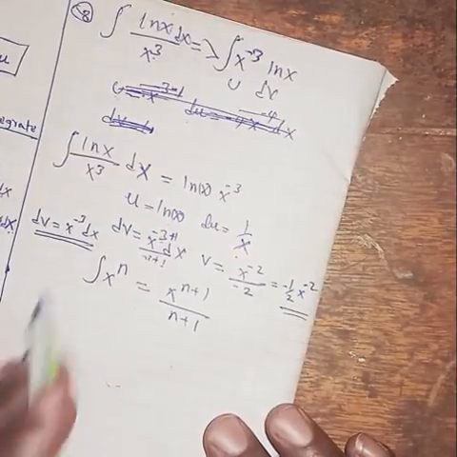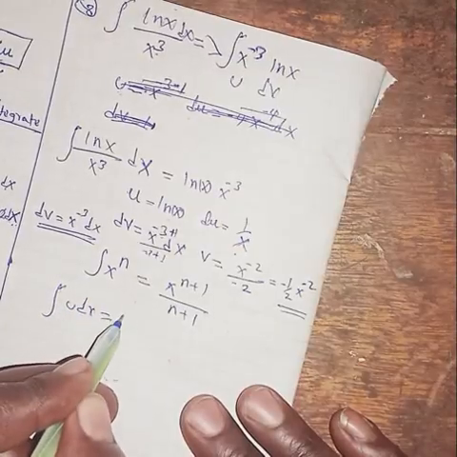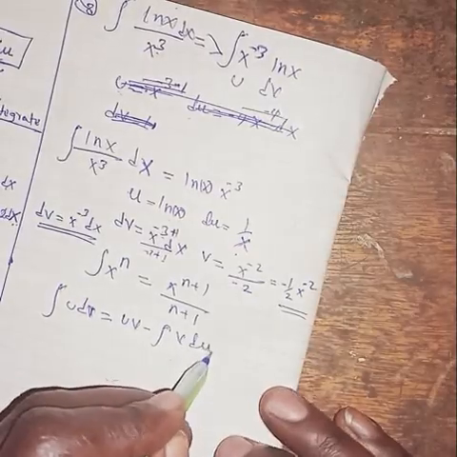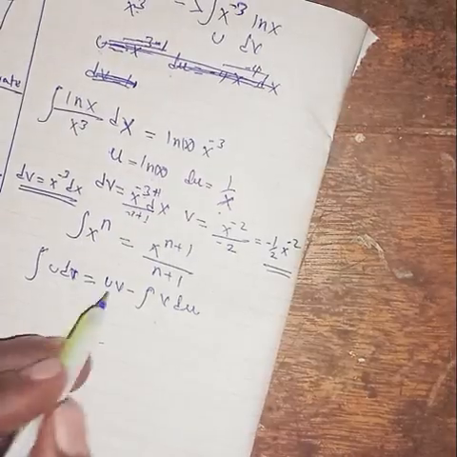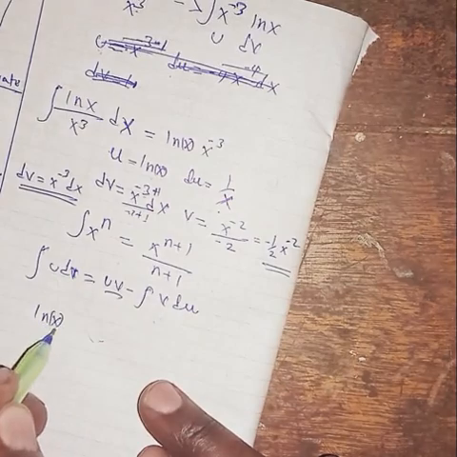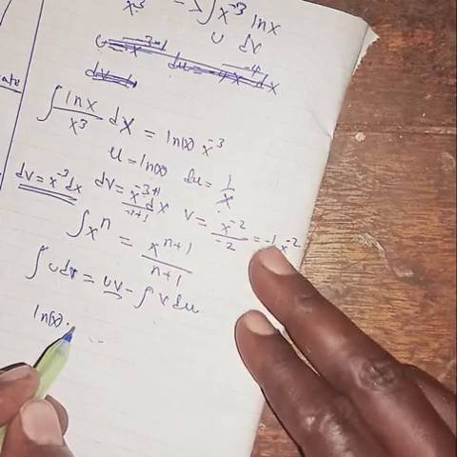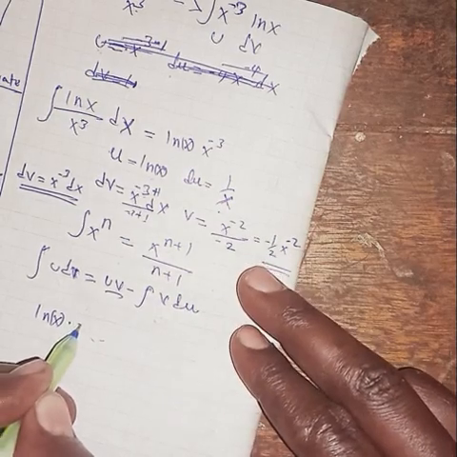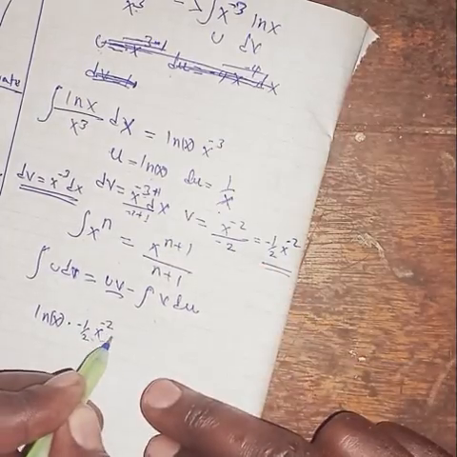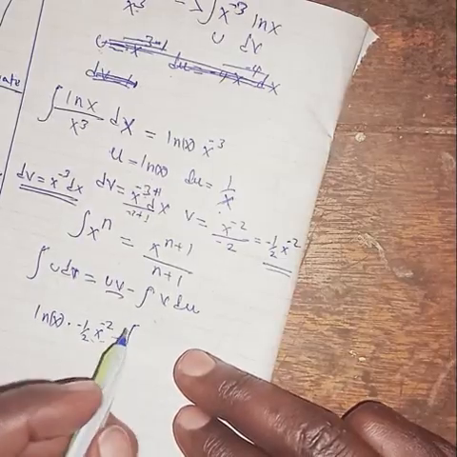So let us use the formula. The integral of u dv is equal to u v minus integral of v du. Yeah, let us find u. U is ln x. V we have here to be negative half x negative 2, minus integral of v.